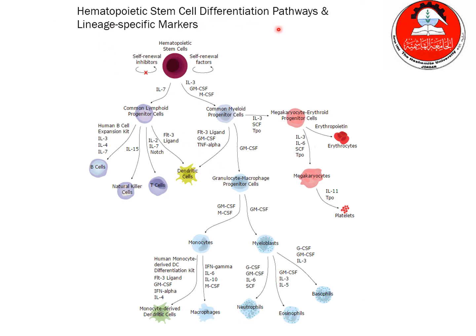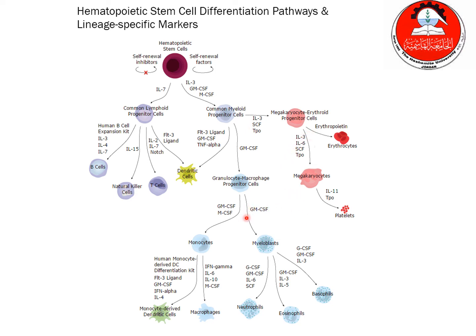Hematopoietic stem cell differentiation pathway and lineage specific markers. We can see here the interleukin-3, granulocyte macrophage colony stimulating factor, and monocyte colony stimulating factor and their roles in the differentiation of the different steps of the hematopoietic stem cell. Here we can see the interleukin-3 and the SCF.